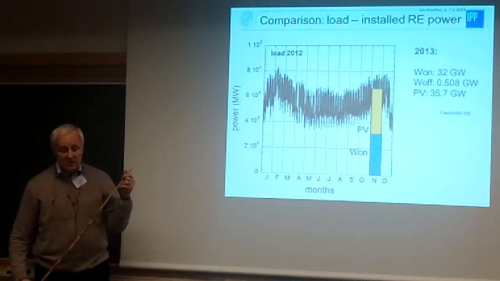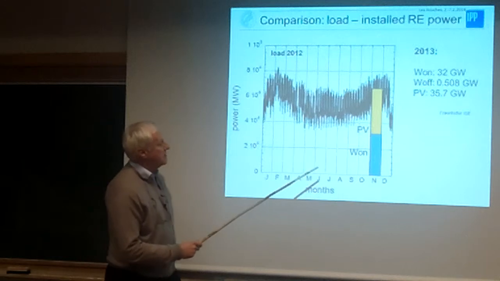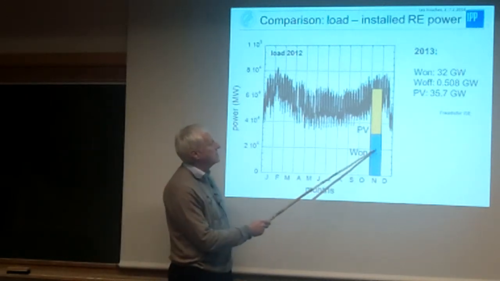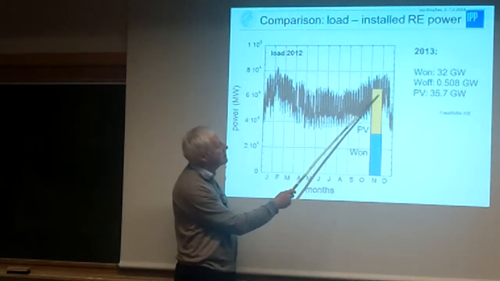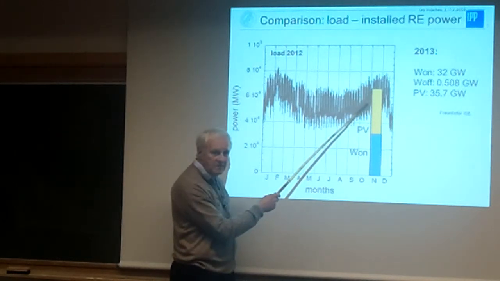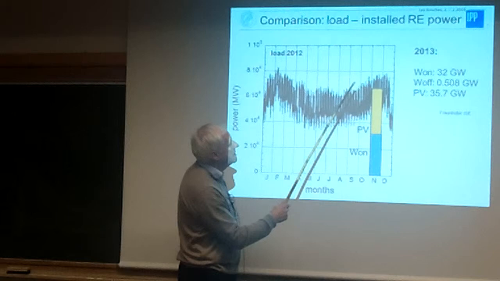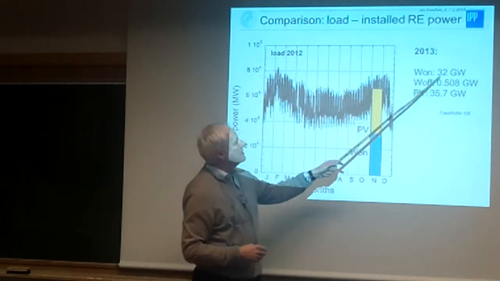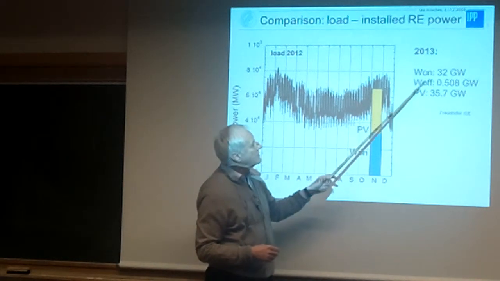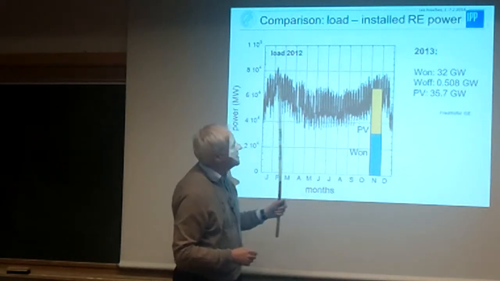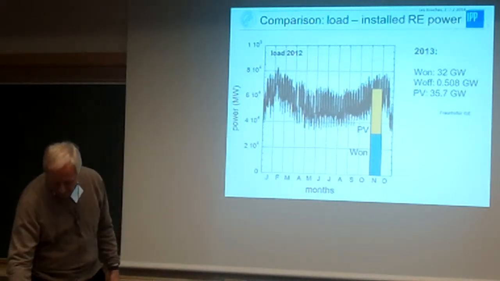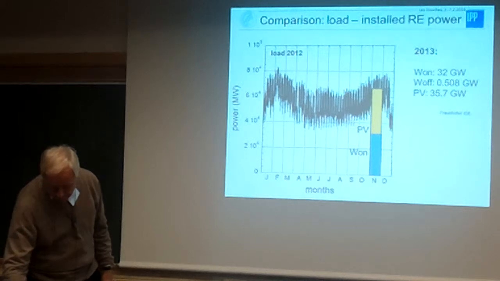Now when I use this curve and I plot into this the present situation with onshore wind and photovoltaic, then you can see that the sum already goes deeply into the demand curve. In total here 32 gigawatts onshore wind, not very much offshore wind, and then photovoltaic power, which again is very large, larger than wind.